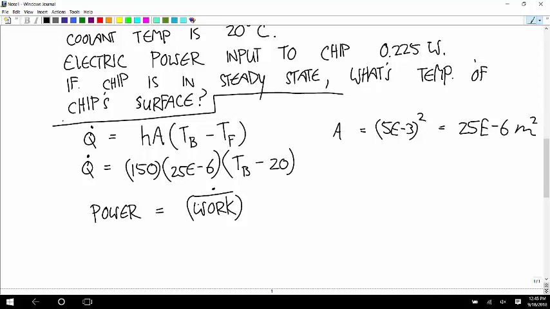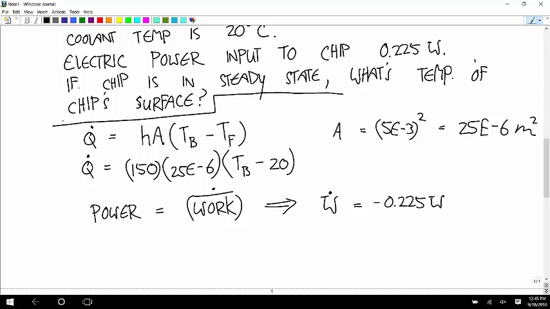It's adding it to the chip, so does that count as W dot positive or W dot negative? Negative. So W dot is equal to negative 0.225 watts.